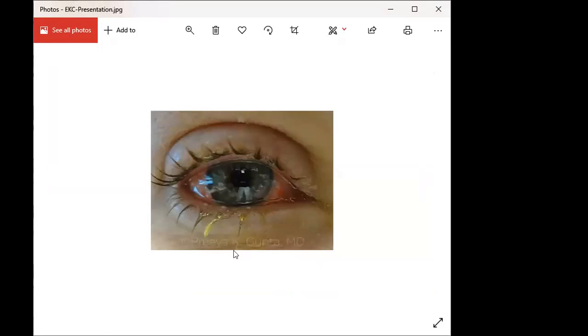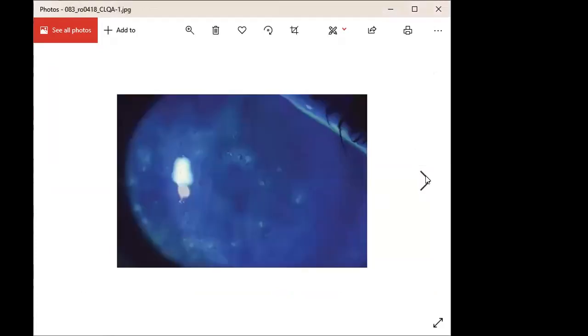This is a clinical presentation of keratoconjunctivitis. You see swollen eyelids, redness of the eye, and a swollen cornea. There is excessive lacrimation, and mucus secretion or purulent discharge is also present, matting the eyelashes, right? This is a typical presentation of keratoconjunctivitis.